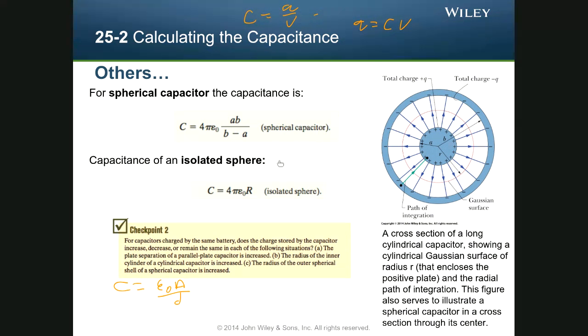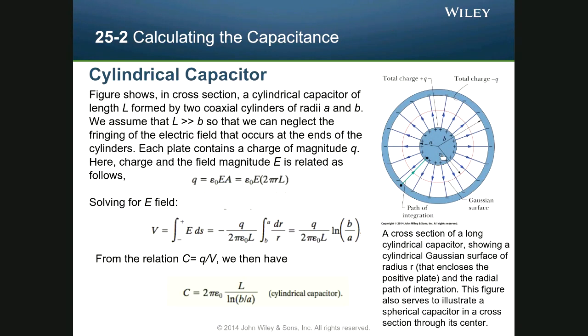Now let's look at B: the radius of the inner cylinder of a cylindrical capacitor is increased. Let's look at that and know exactly what we're talking about. That means in the cylindrical capacitor, this radius is getting bigger.